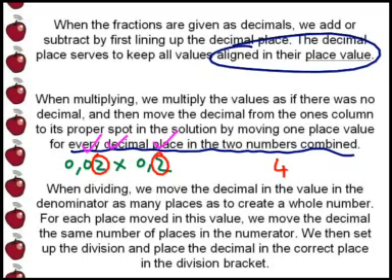So it's 1, 2, 3 decimal places in the original question. Therefore we need to have 3 decimal places in our answer. We've got the 4, which is already one of the 3. We fill up with zeros to the left, and then we put the comma. So 0.02 times 0.2 will give us an answer of 0.004. And that's all they meant by that.